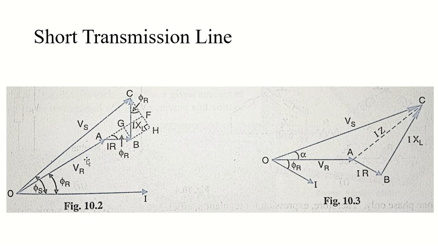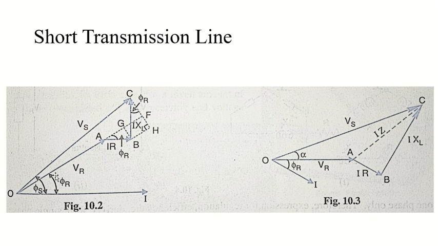Because we took this triangle, and again we took this triangle, but this time we just tilted it, right? So this angle will be phi r, and as this angle is phi r, the value of this BH will be equal to IXL, which means this component, into sine phi r, which means the sine component of this, right? IXL sine phi r.